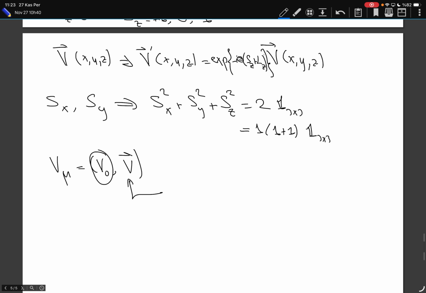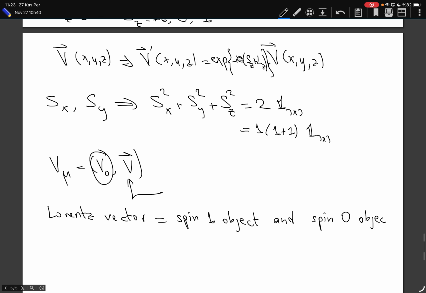So what we say is a Lorentz vector, a 4-vector, is actually a spin 1 object plus a spin 0 object. A 4-vector has a spin 1 component and a spin 0 component.